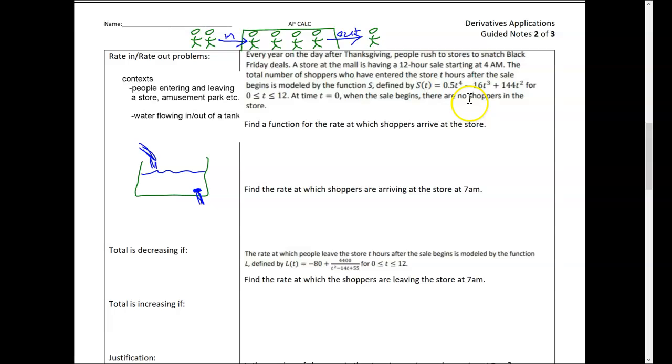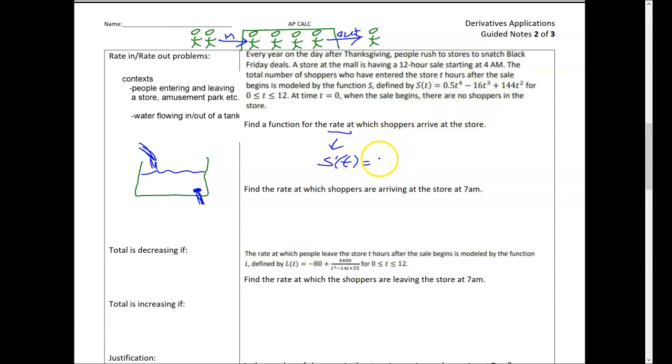There's nobody in the store at 4 a.m. Okay, so we want a function now for the rate at which shoppers arrive in the store. So here we have the total number of people who have entered is s. That word rate tells me to take the derivative of s, which you're good at at this point. We're just going to use power rule.